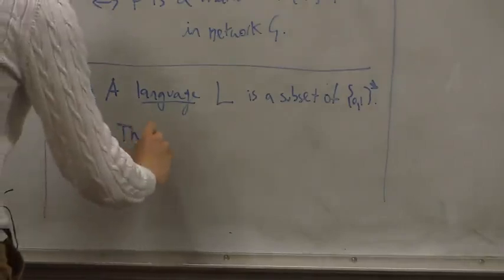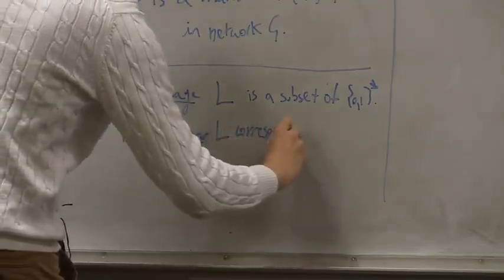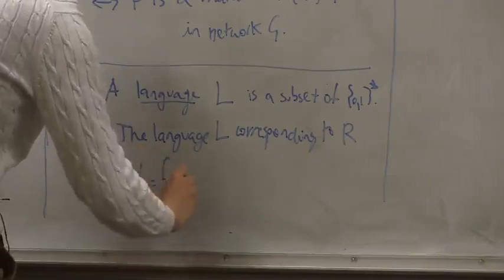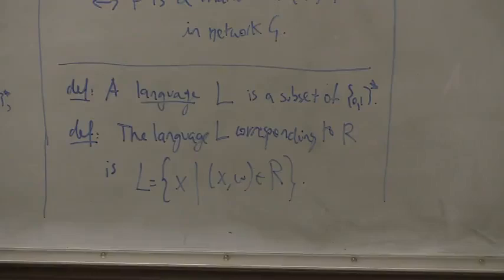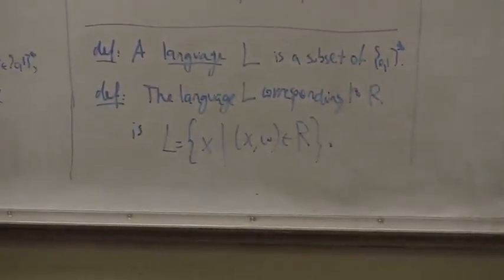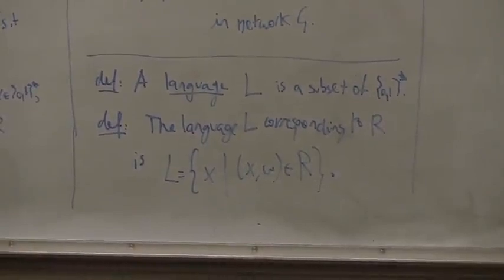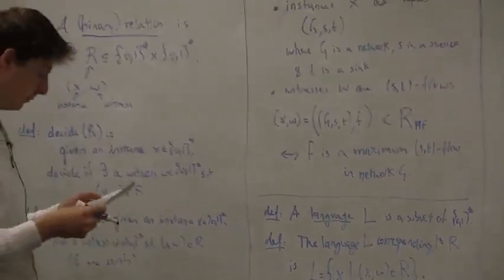So the language L corresponding to R is the set of x such that (x, w) is in R. The language corresponding to a relation basically corresponds to all the so-called yes instances, all the x's for which there is a w. So languages and relations are the bread and butter, or at least the basic notions, that let you express computational problems, at least for the classes P and NP that we're going to talk about today.